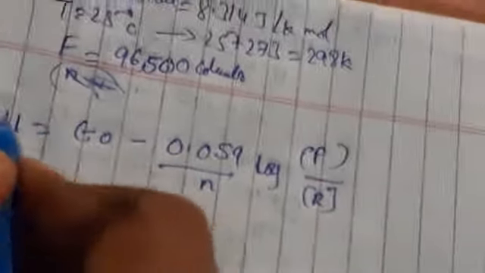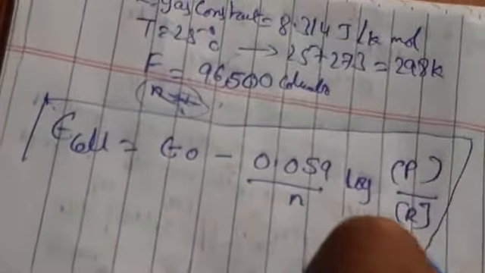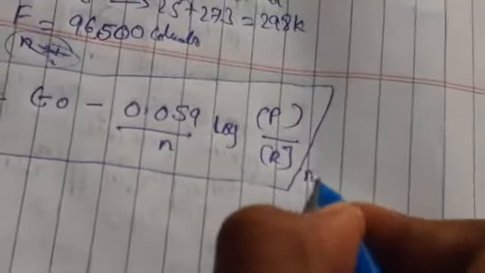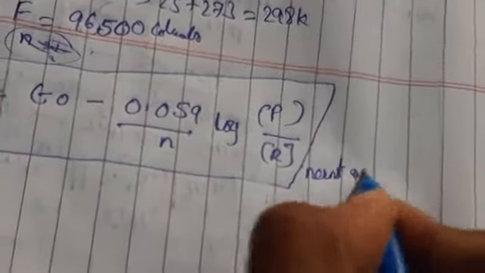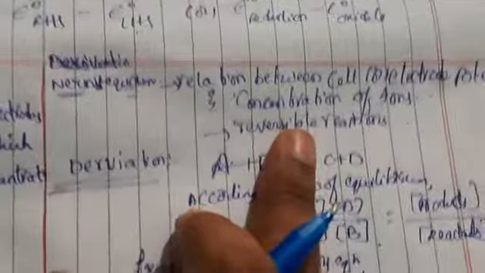This we call the Nernst equation. So this is about the Nernst equation. What is the Nernst equation? It is the relation between the cell potential and the concentration of ions.